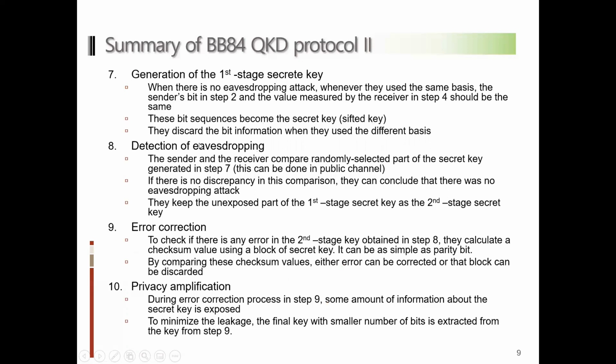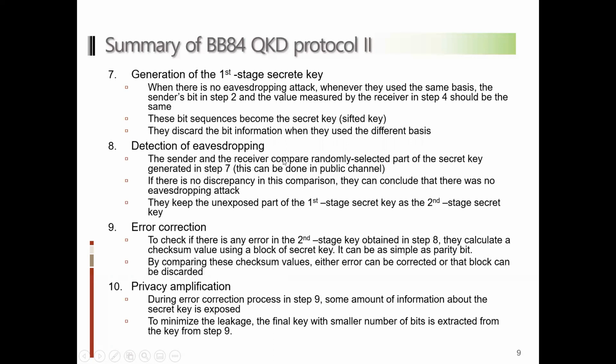When two bases do not match, they just discard the bit information. Once they obtain the shifted key, they have to check whether there has been any eavesdropping or not.